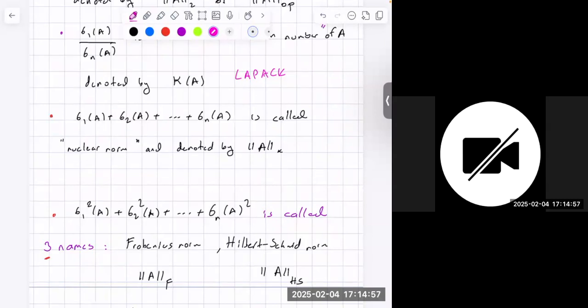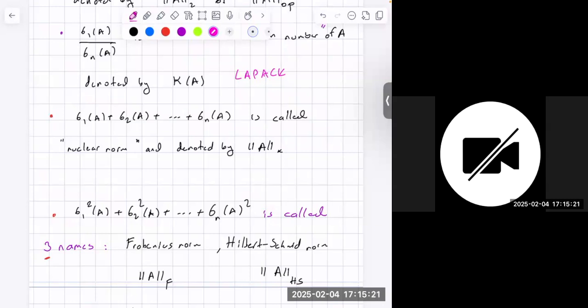L1 mostly cares about how many non-zero entries I've got. If you're trying to fit a matrix and you want it to be sparse, this is the quantity you will use. It's called the nuclear norm. Don't ask me why. And it's usually denoted this way.